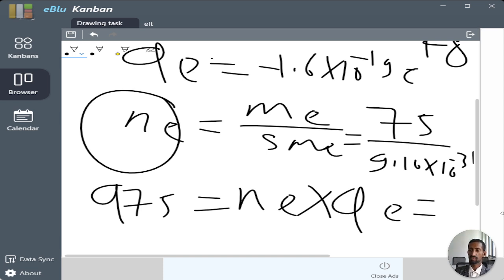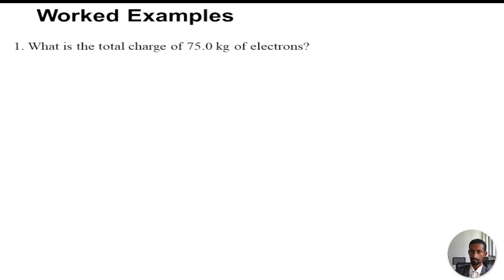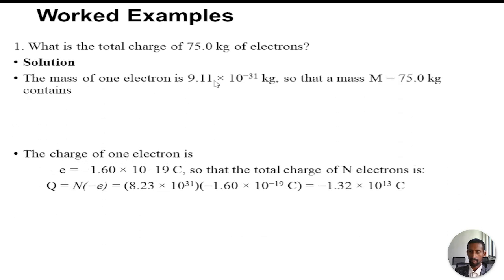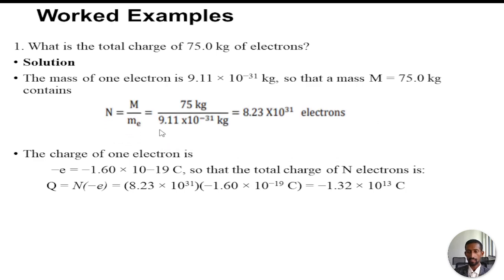Let's see the numbers. We have already defined the equations. The other thing is to check the numbers. I have solved it in my PPT. The mass of one electron is 9.1 times 10 to the power of minus 31 kilograms, and the mass 75 is given. So how many electrons are there?